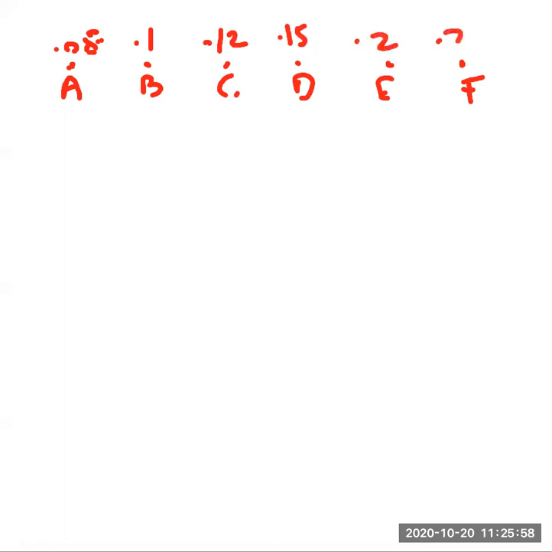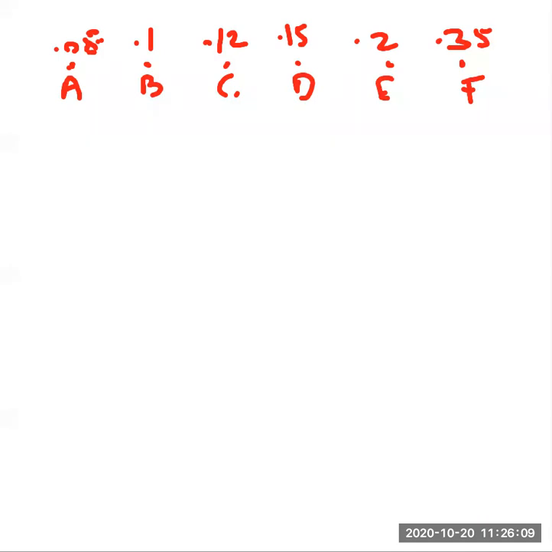So A, B, C, D, E. Write down the frequencies: 0.08, 0.1, 0.12, 0.15, 0.2. Now select the two smallest frequencies, 0.08 and 0.1, and combine them and sort it.